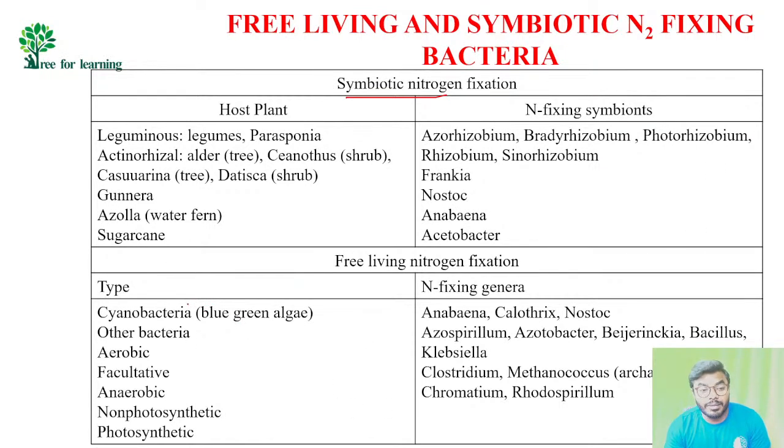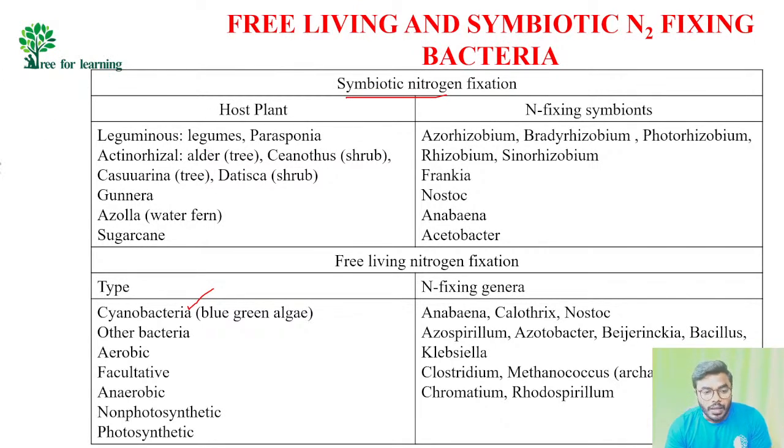Free living bacteria are of different types. Some of the free living bacteria are cyanobacteria, some are aerobic, some are facultative, some are anaerobic, some are non-photosynthetic, some are photosynthetic. Don't get confused with this point.